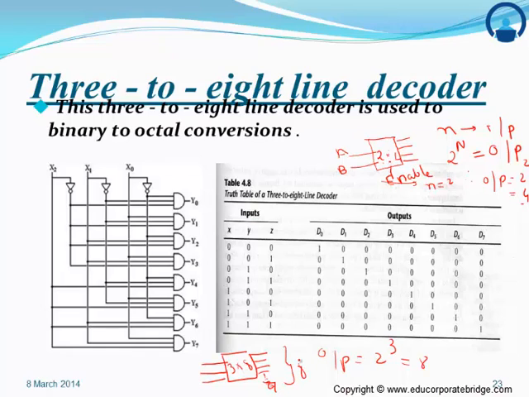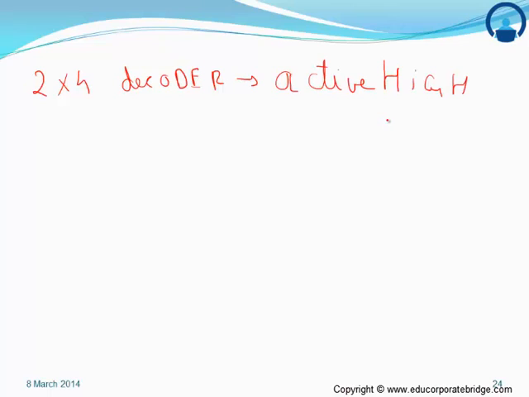So let's study how the decoder works. Before going through the 3:8 decoder, let's study a simple form of decoder, the 2:4 decoder, which is active high. A 2 cross 4 decoder means there will be 2 inputs, A, B: 00, 01, 10, 11.